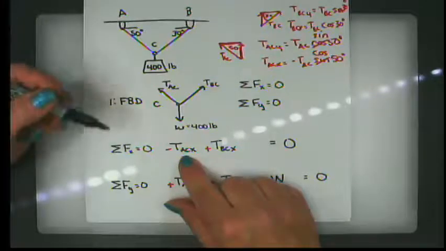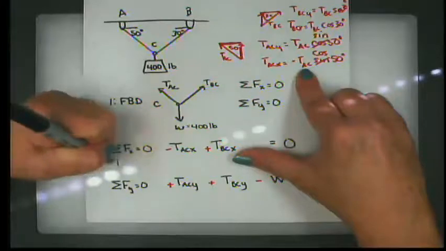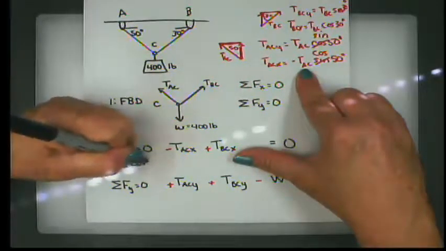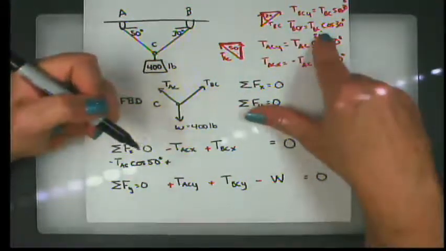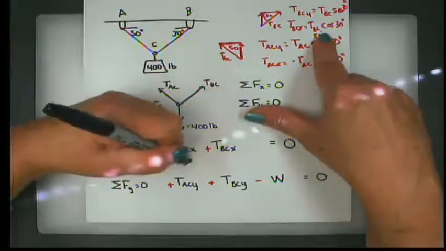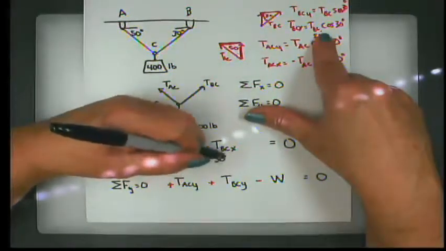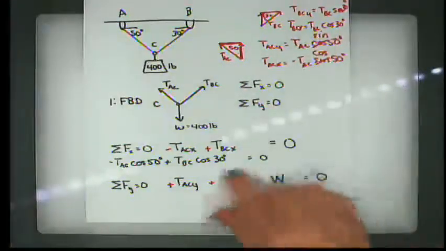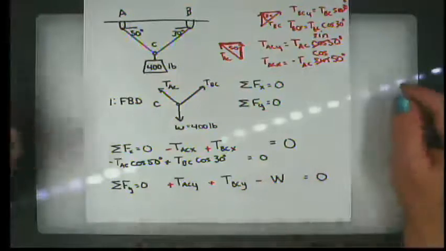All right, so TAC in the x direction is, I have to remember my negative sign, TAC times the cosine of 50 degrees plus the part of BC that's in the x direction. And those two things add together to be 0. I have one equation and two unknowns, so I can't solve that explicitly, can I? Not yet anyway. I will be able to.